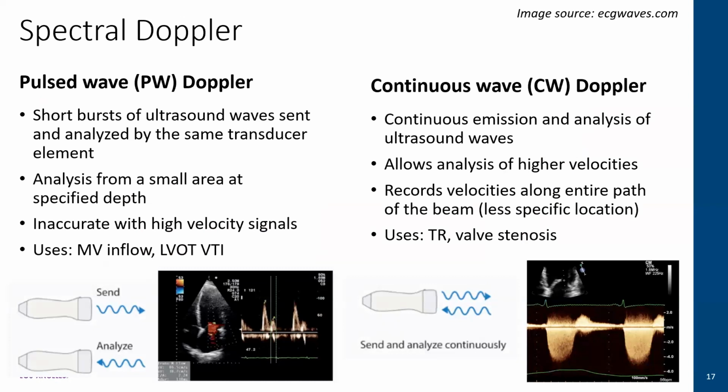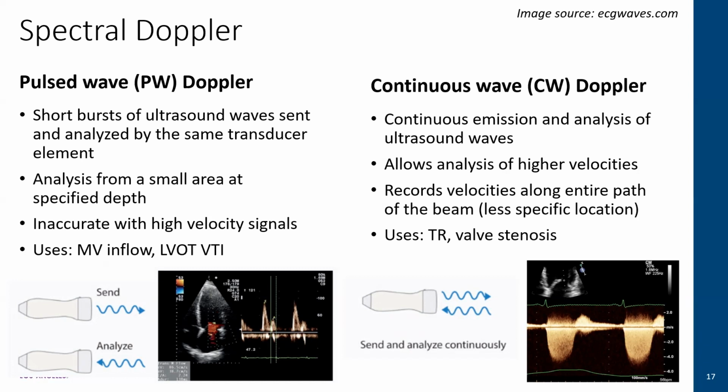Another review of spectral Doppler is there's pulse wave Doppler, and then there's continuous wave Doppler. The pulse wave is you have short bursts of ultrasound waves that are sent and analyzed by the same transducer element. And so that means because you're using the same transducer element, the max velocity that can be measured is going to be reduced.